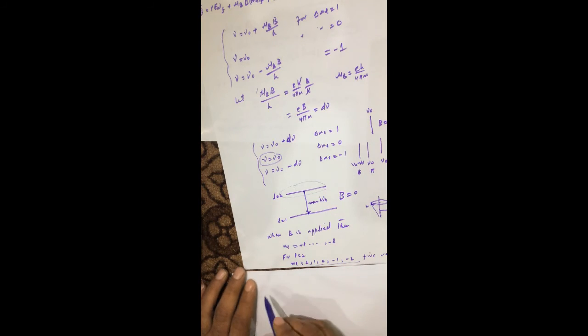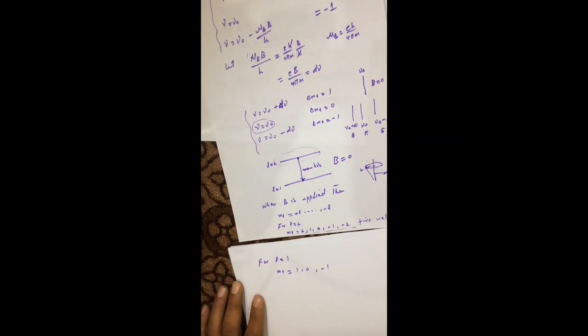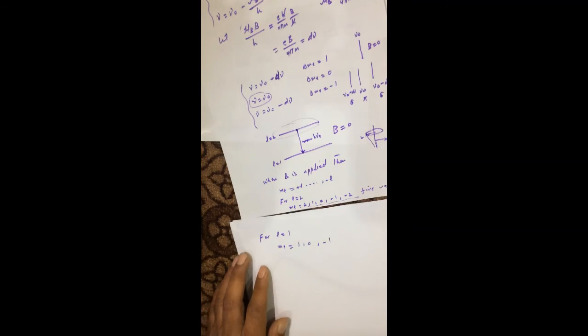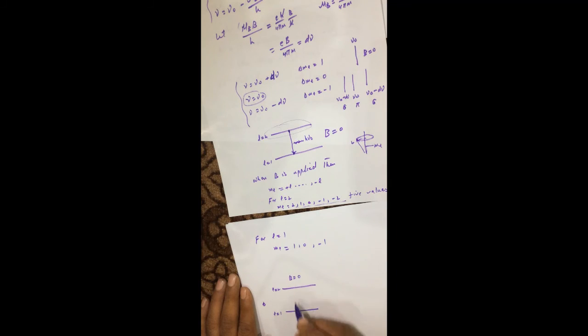And for L equal to 1, ML has how many values? 3 values: 1, 0, minus 1. So after the application of the magnetic field, this is when the magnetic field is 0. This is L equal to 2, this is L equal to 1, and we have a transition, only a single spectral line.